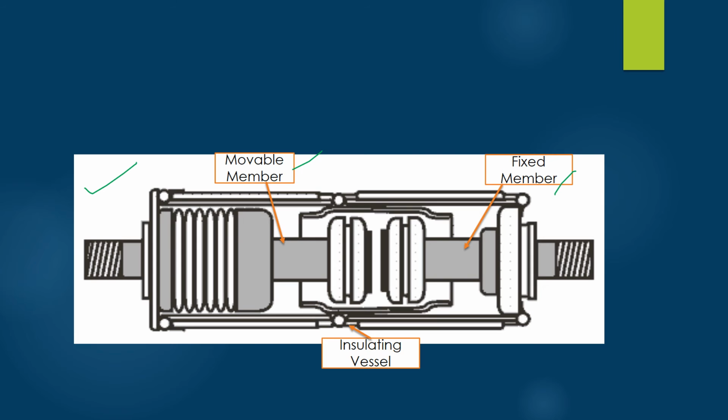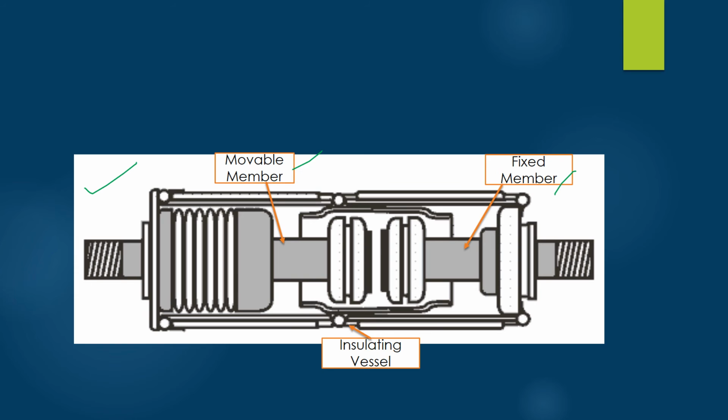But since this process is taking place in vacuum media and the arc quenching will happen at a current zero position, the metal which gets vaporized will get recondensed on the metal surface, and the arc established between the two will also get quenched at a current zero position due to the vacuum media.